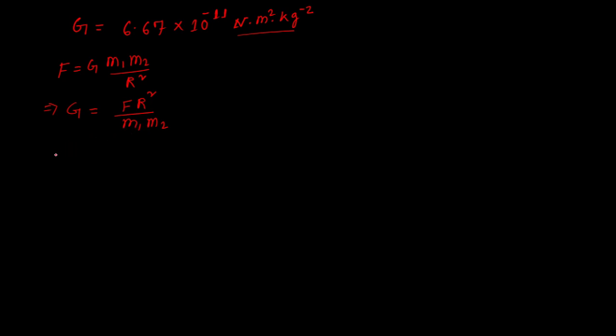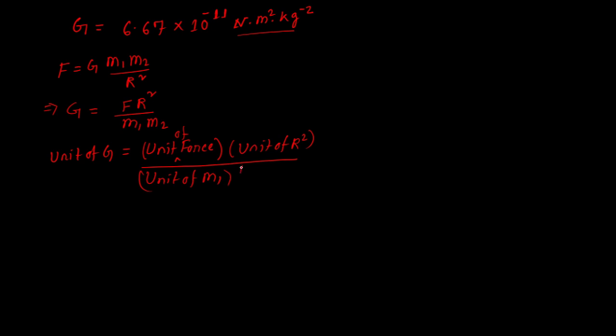So the unit of G equals the unit of force times the unit of r square upon the unit of m1 and the unit of m2. We simply put in the units of all these quantities.